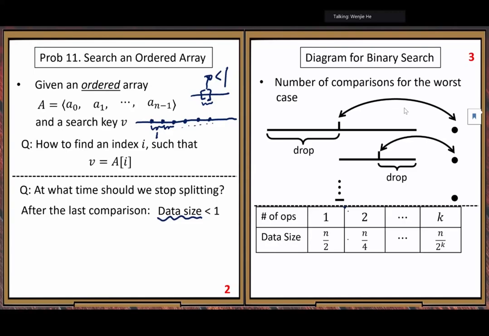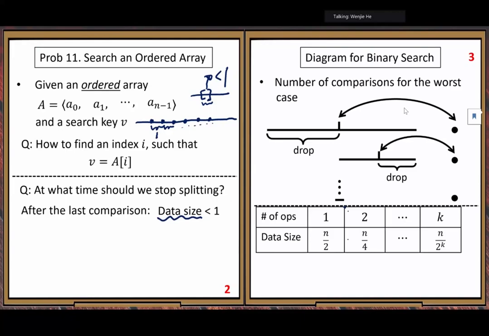If your subarray can only contain one element, can we say no more splitting? You don't need to do any further splitting, right? Because you only have one element. How can you do another round of splitting? So this condition tells us no more splitting. You can stop without any problem.